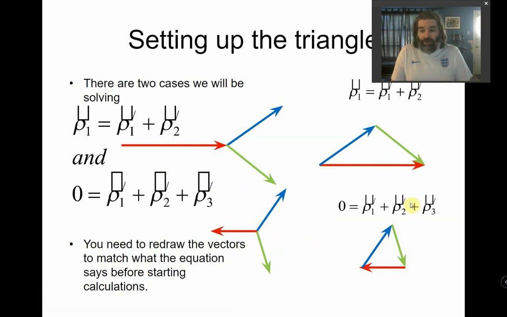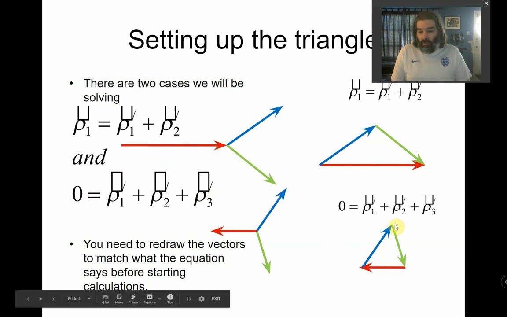For us, we're going to go with 3. Because the momentum before it exploded was 0, the total momentum after also has to be 0. So if you add p1 prime, p2 prime, and p3 prime, it equals 0. And what 0 means in vectors is it literally comes right back to where you started. So again, you get a nice triangle that we can solve for sides we don't know.